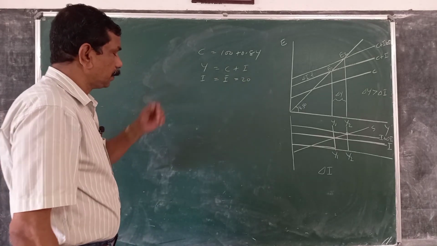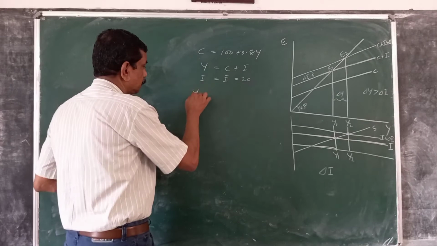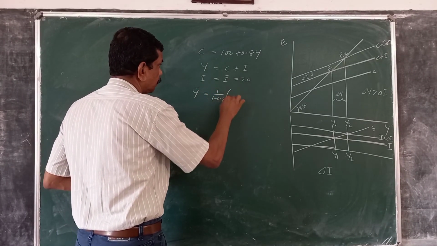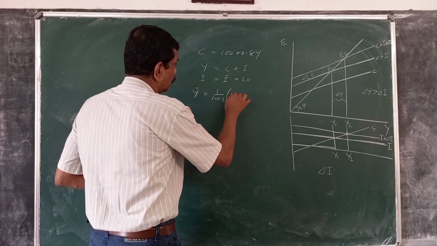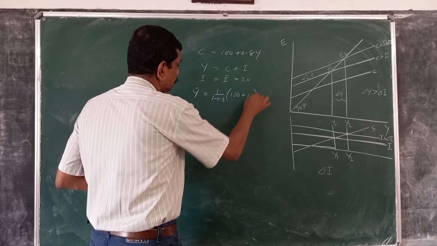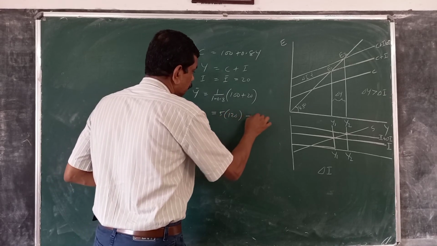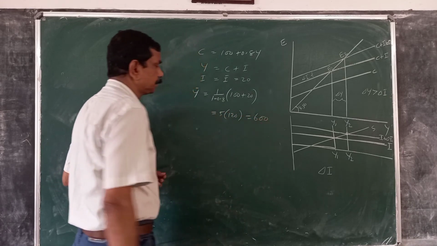Now, what is the equilibrium level of income? This is equal to 1 by 1 minus 0.8 into 100 plus 20, that is 5 into 120, which is equal to 600.